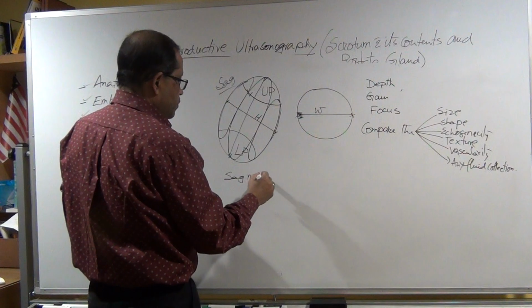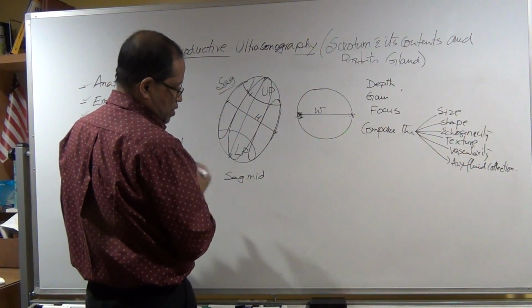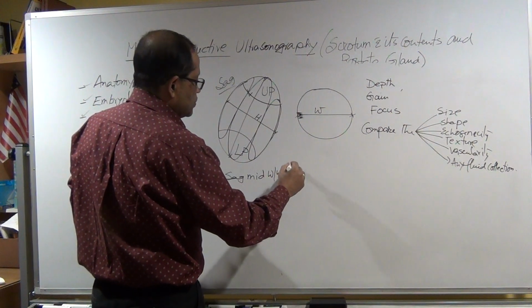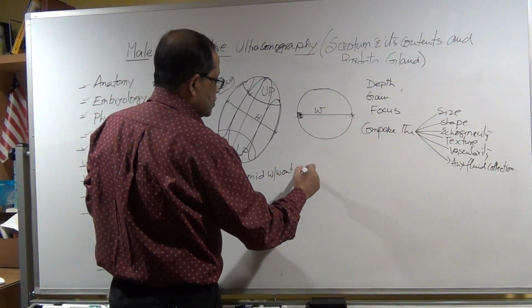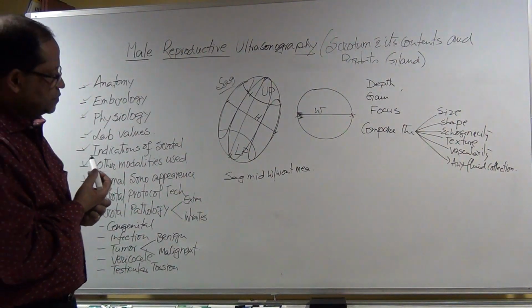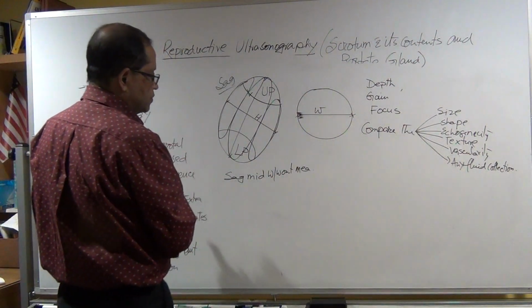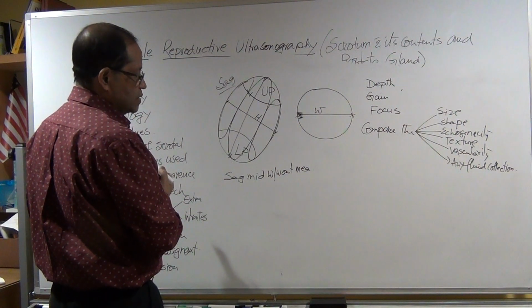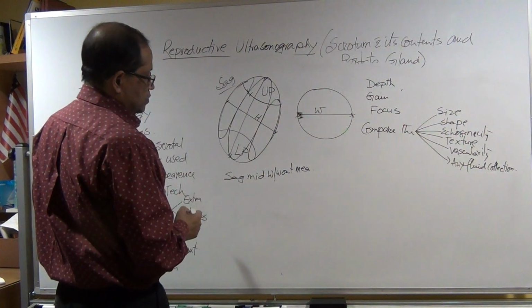So now our protocol image is sagittal mid, with or without measurement. Okay? In this view, click color.